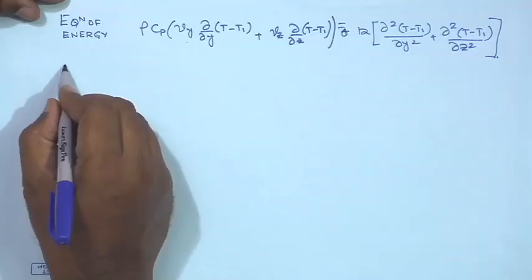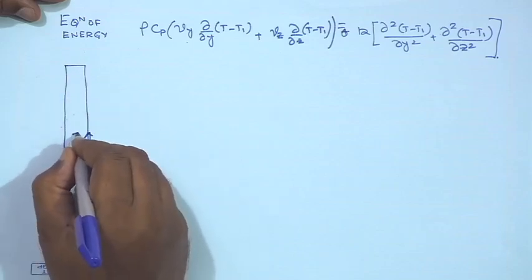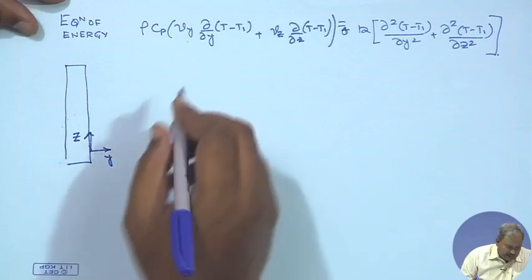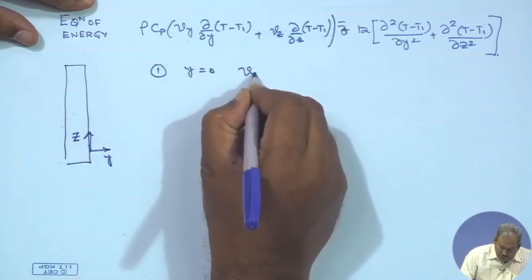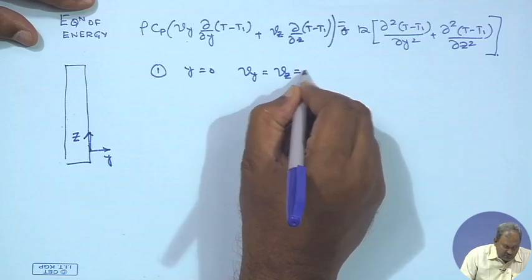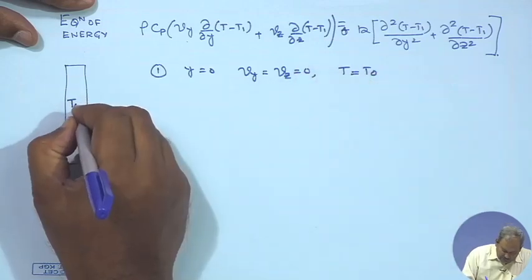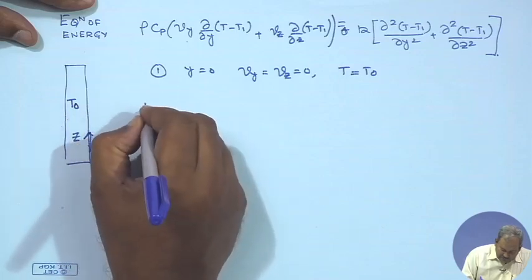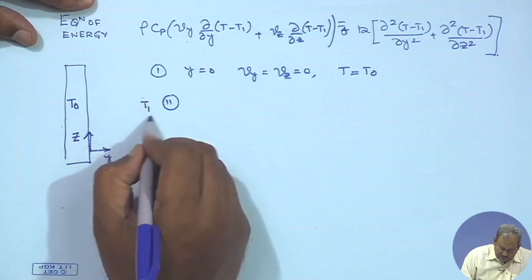So, before we attempt to do that, let us first find out what the boundary conditions are for such a case. For a vertical plate, where this is the z direction and this is the y direction, the first boundary condition is that at y equals 0, due to the no slip condition, both Vy and Vz will be 0, and temperature is going to be equal to T naught, where T naught is the temperature of the solid plate and T1 is the temperature far from it, and therefore, it is a constant temperature.